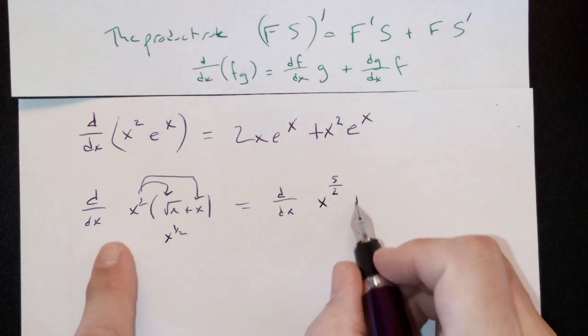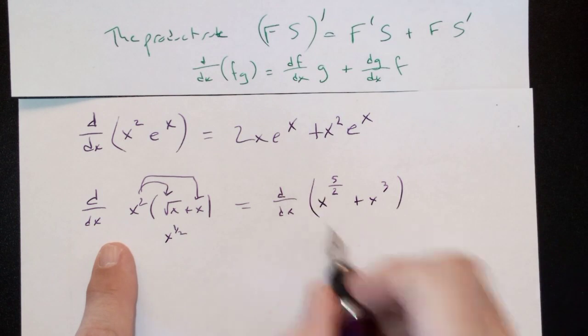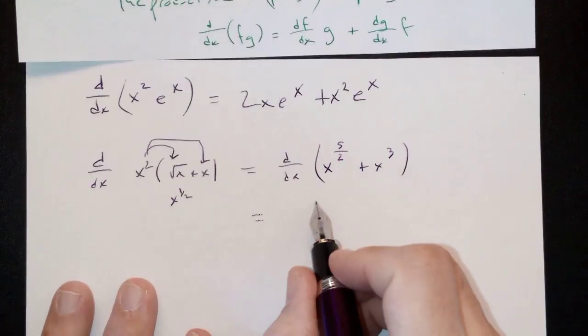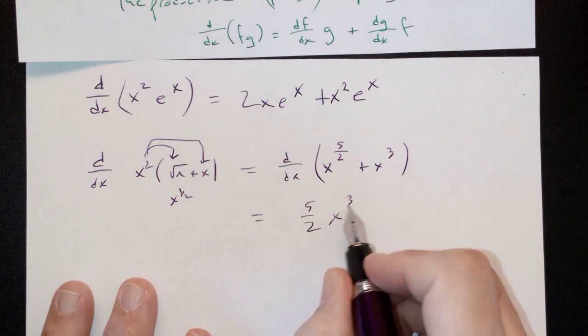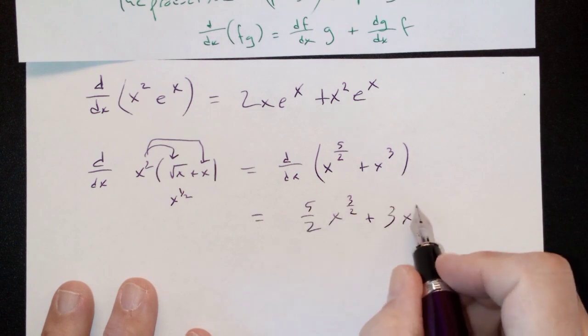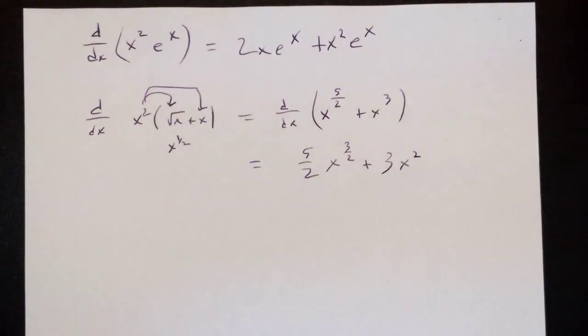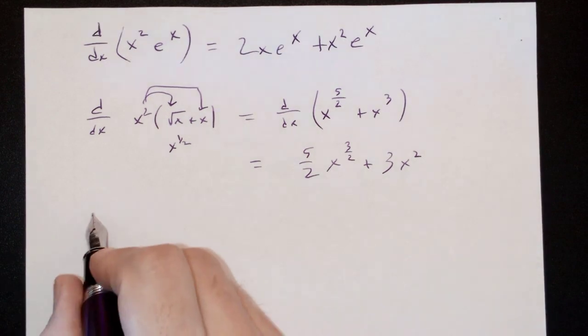And this will give me an x cubed. And then I can just use the power rule. But now that I have this additional rule, I can do it that way as well.